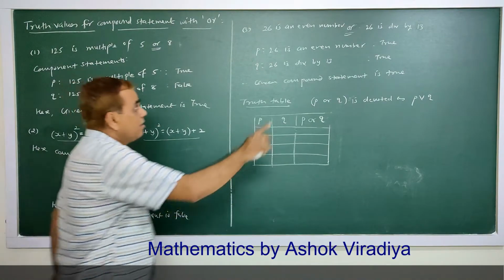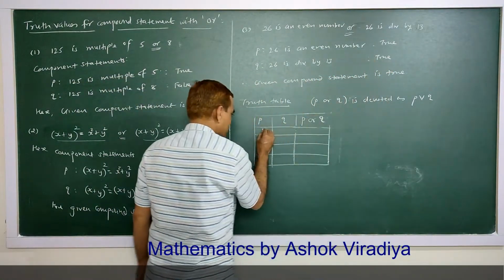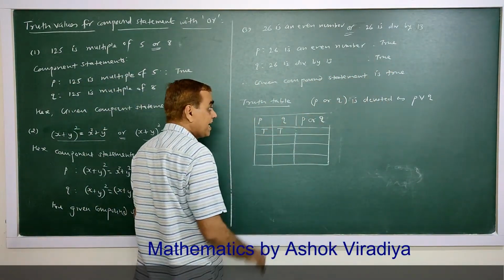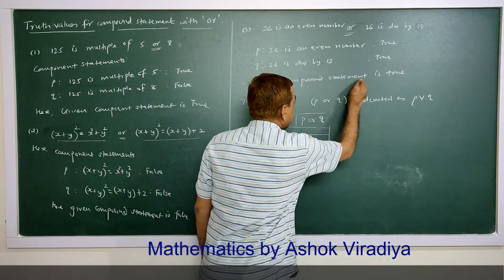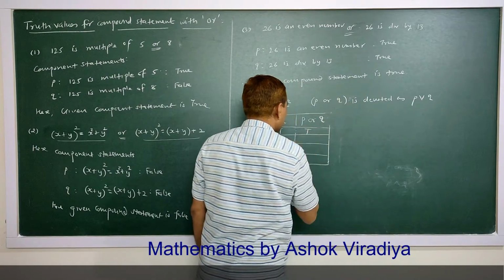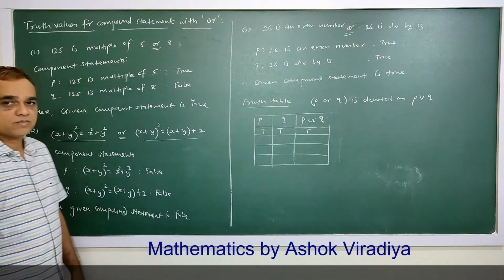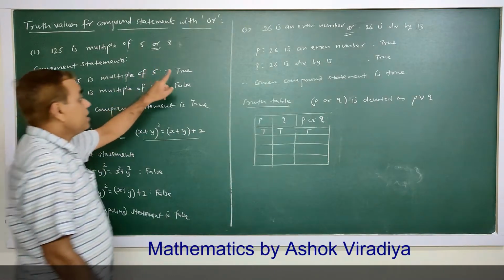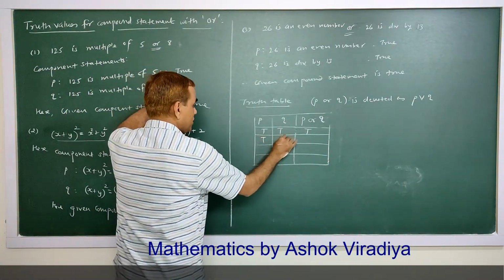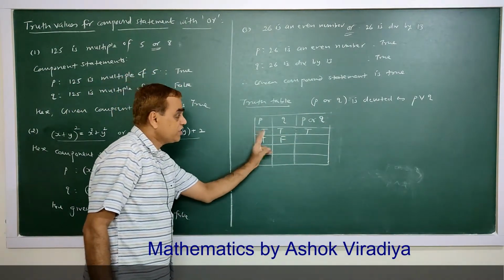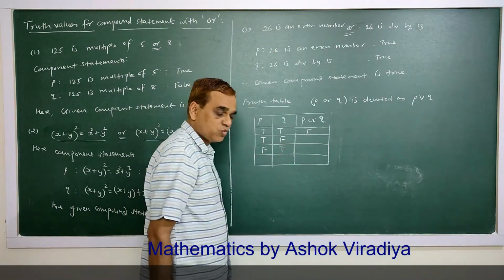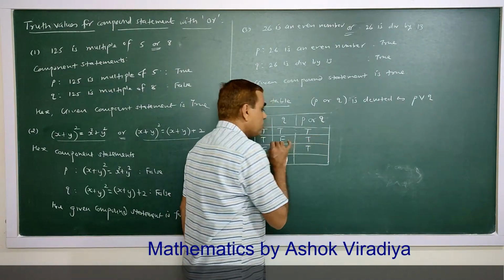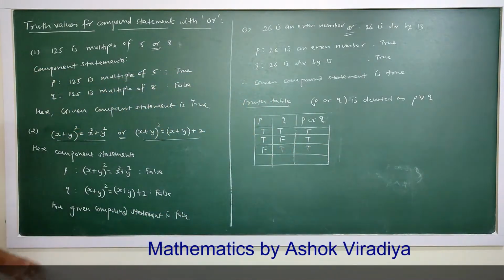If P is true, Q is true, then given statement P or Q is also true. If P is true, Q is false, any one is true, other is false, or P is false, Q is true, then also compound statement with OR is true.